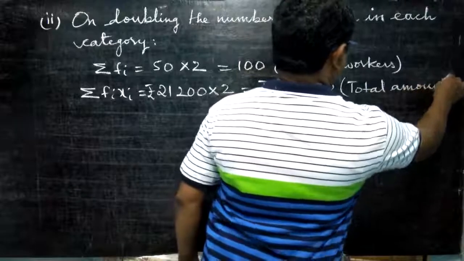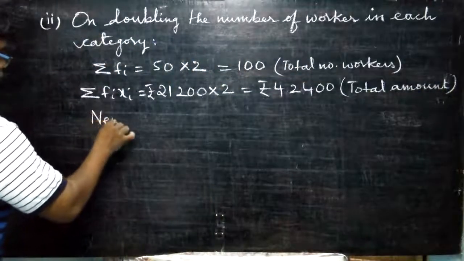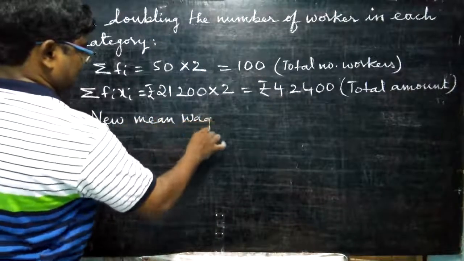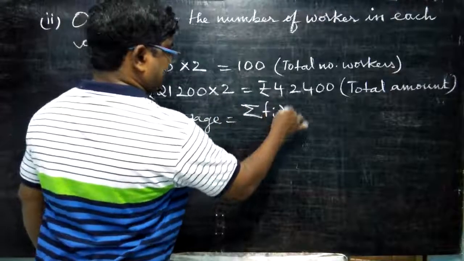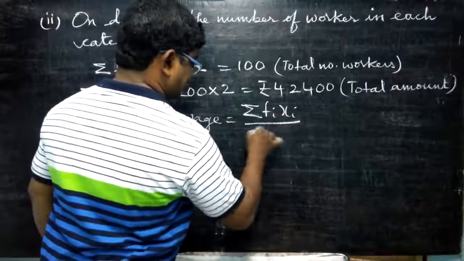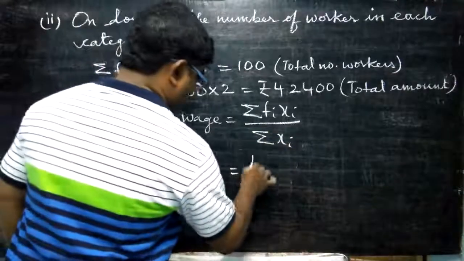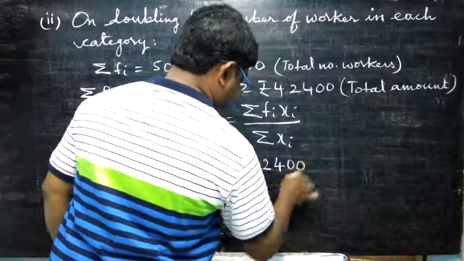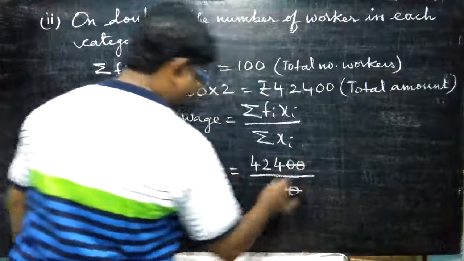Now the new mean wage, same formula, sigma Fi xi by sigma Fi: 42,400 by 100. 2 zeros get cancelled.